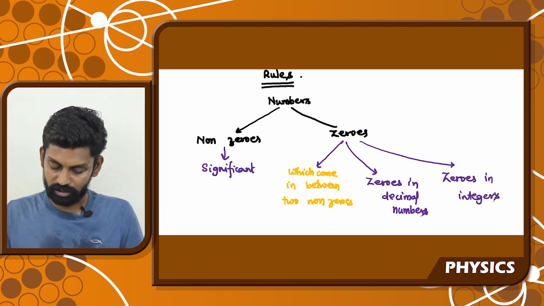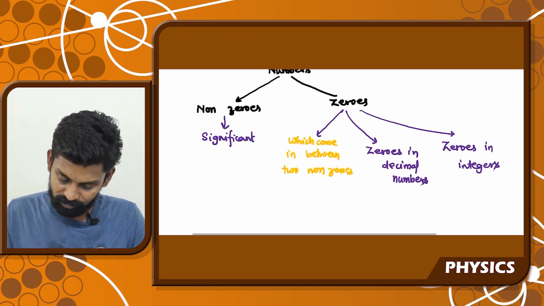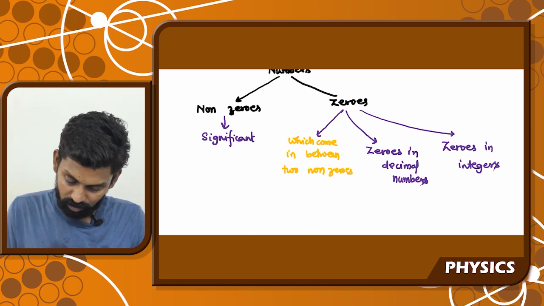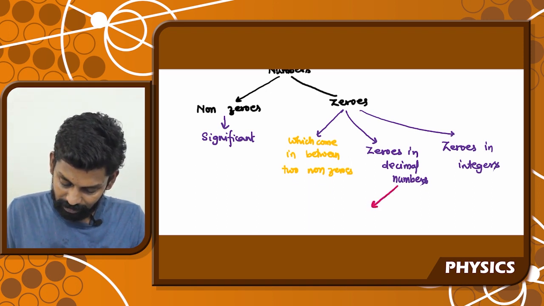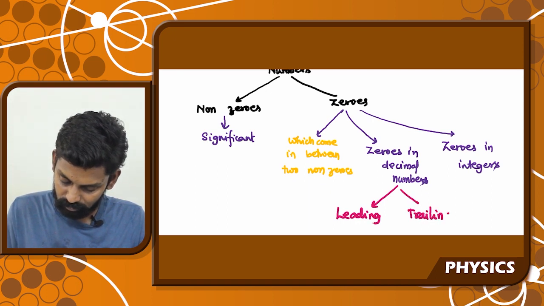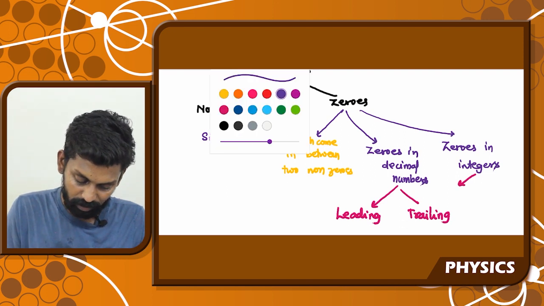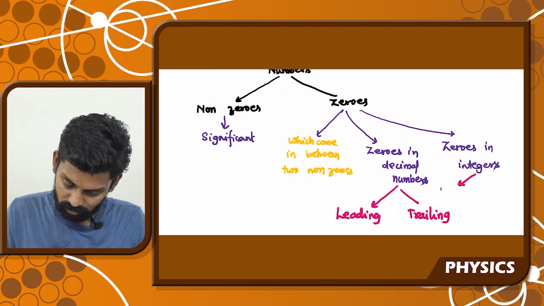Now in zeros in decimal numbers, you again have zeros which are leading and which are trailing. Here also you have leading zeros and trailing zeros.